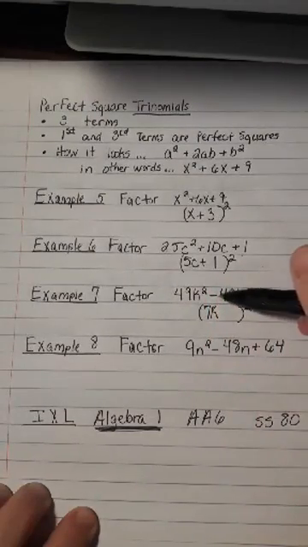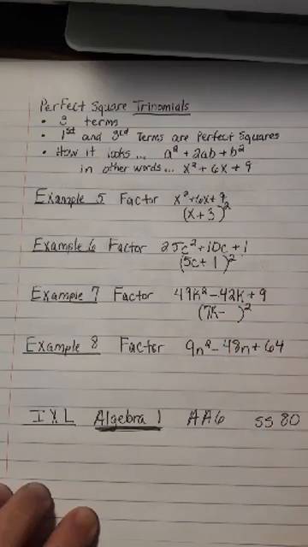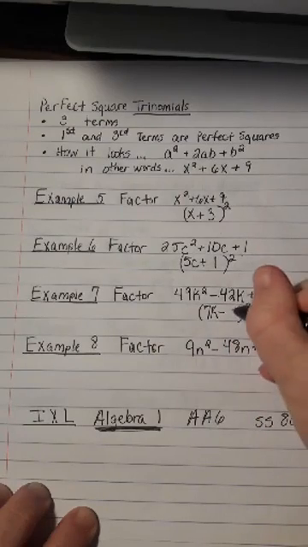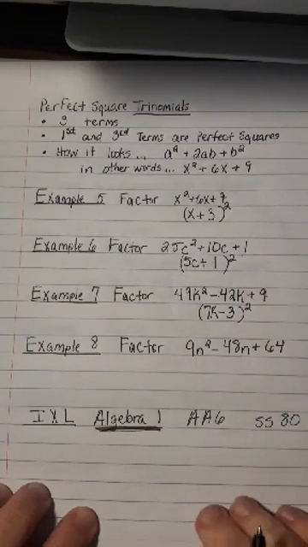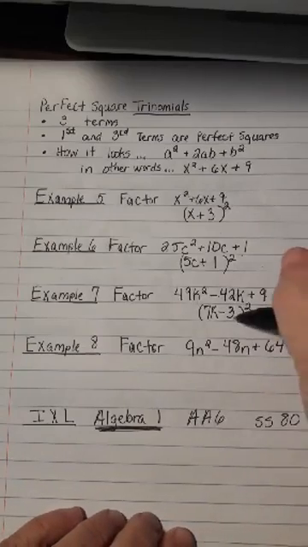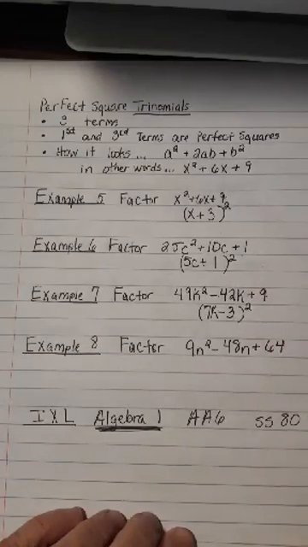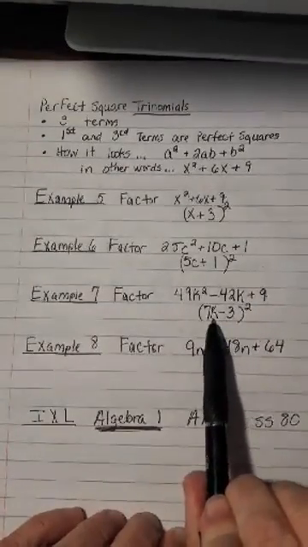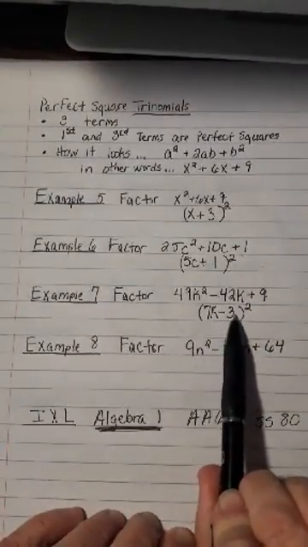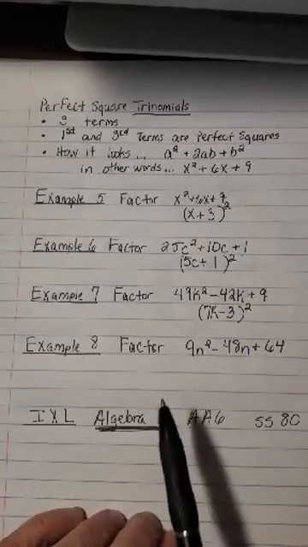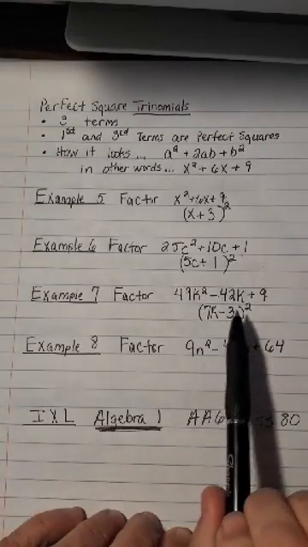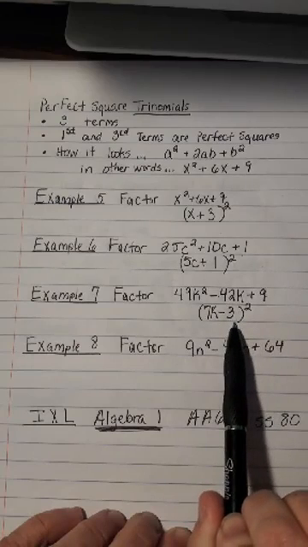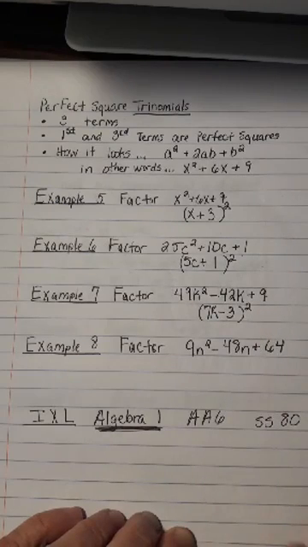Use the sign that's in the middle, which is minus. Square root of 9 is 3. And that is your answer, 7k minus 3 raised to the second power. Remember, all you have to do with this 42 is, when you get your answer, multiply these two terms together and double it to check, and you should get that number in the middle. 7k times negative 3 is negative 21k. When you double negative 21k, you get negative 42k.